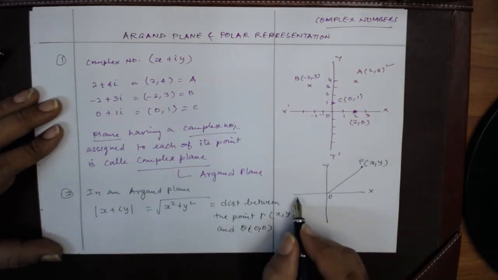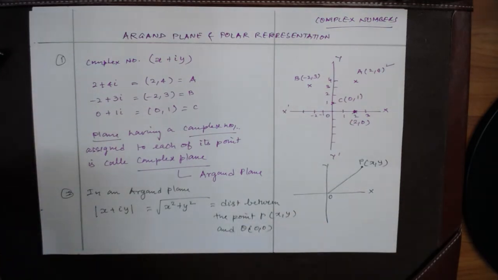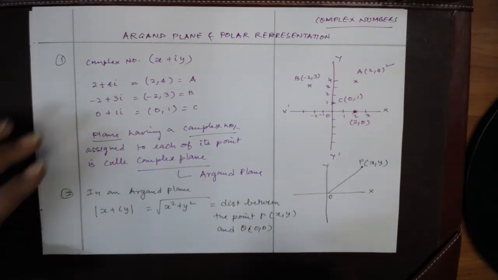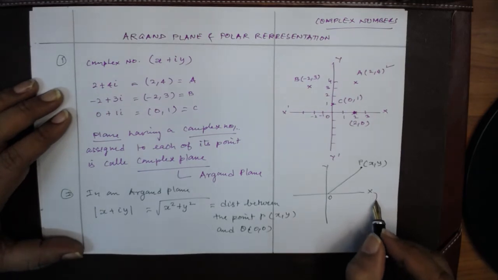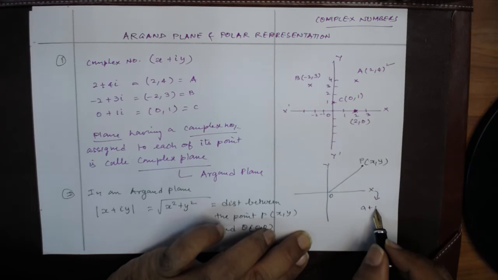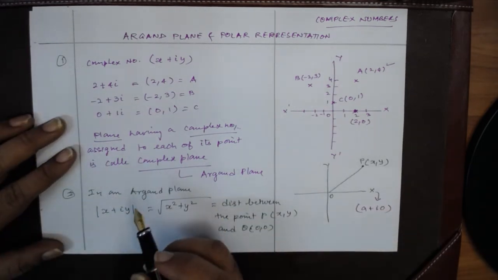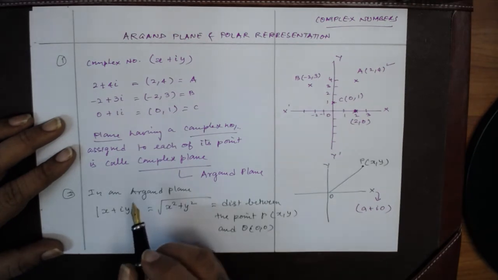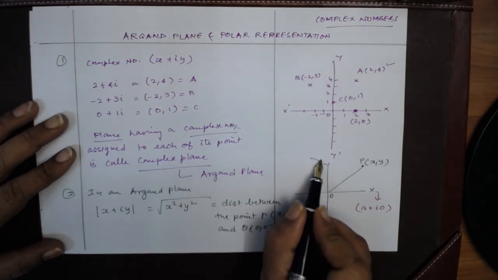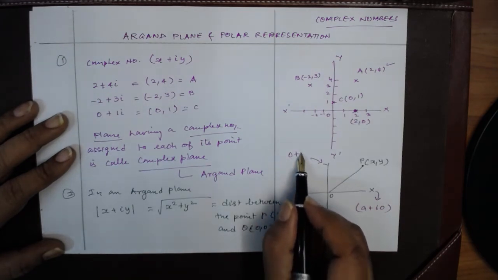Therefore, the x-axis represents a plus i0 and the y-axis is represented as 0 plus ib.